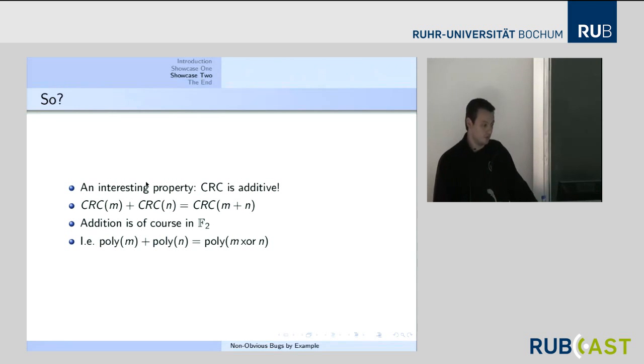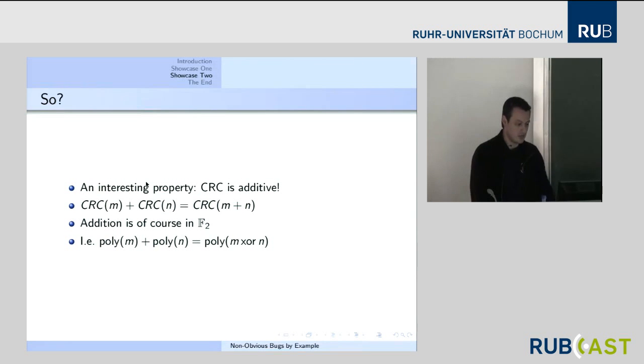And there is an interesting property. CRC is kind of additive. So that basically means if I have two messages, m and n, I can add up both CRC values and get as a resulting value the CRC of both messages added up.